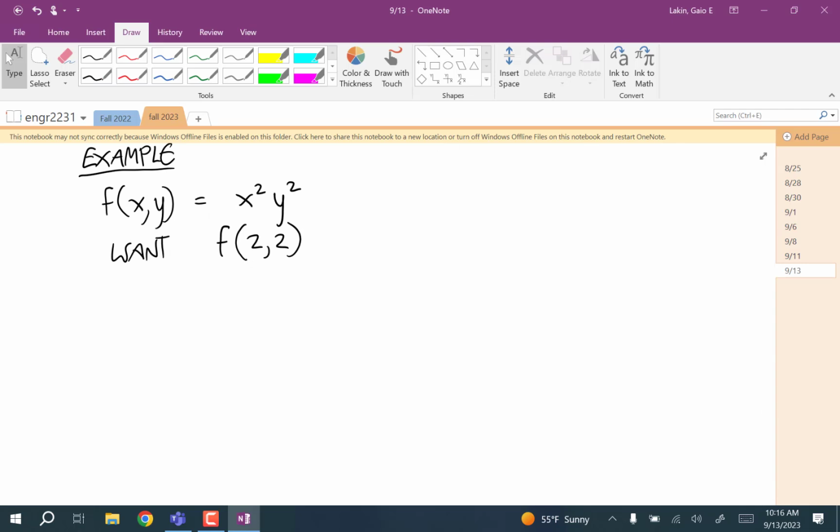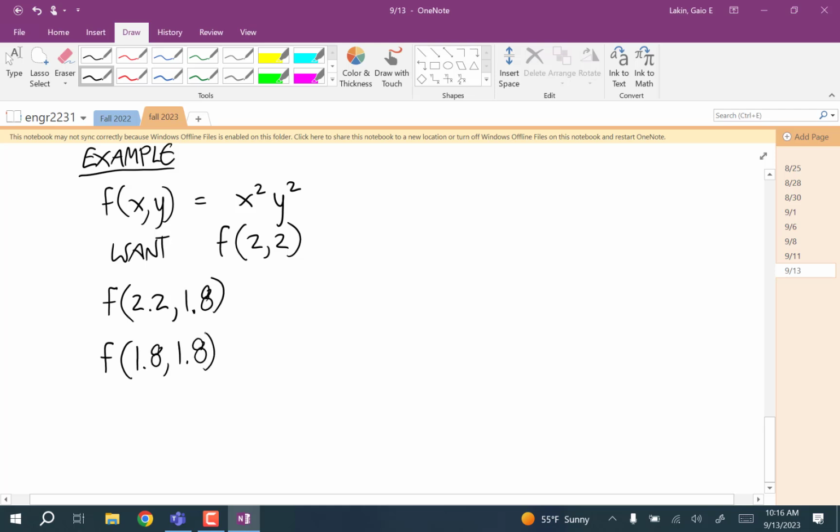To do that, we're going to use these values: f at 2.2, 1.8; f at 1.8, 1.8; f at 1.8, 2.2, sorry about your notes; then f at 2.2, 2.2.